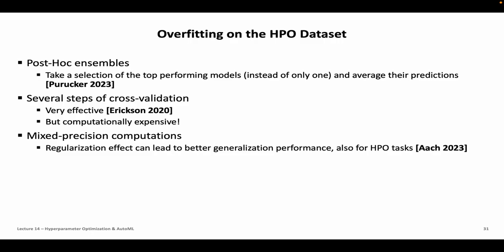And what I've actually also seen in my research is that using lower than single precision calculations, such as half precision, can also improve the generalization performance of your HPO loops due to the inherent regularization effect these low precision methods have.